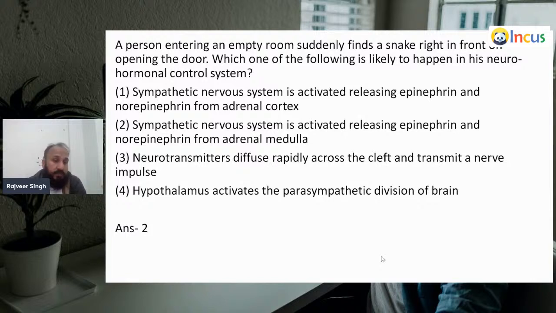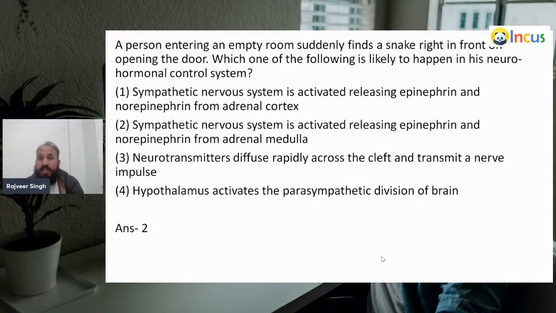Next question is about a person entering an empty room who suddenly finds a snake right in front of him on opening the door. Which one of the following is likely to happen in his neurohormonal control system? First, the sympathetic nervous system is activated, releasing epinephrine and norepinephrine from the adrenal cortex.